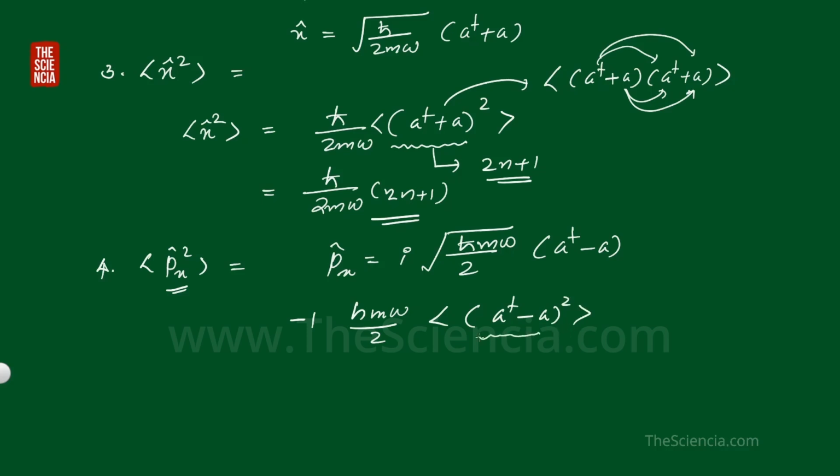We solved this one also, and got it equal to minus (2n plus 1). So we can substitute this value here, and finally we get expectation value of px square is equal to minus 1 into minus, so it will cancel, and we get h cross m omega by 2 into (2n plus 1).